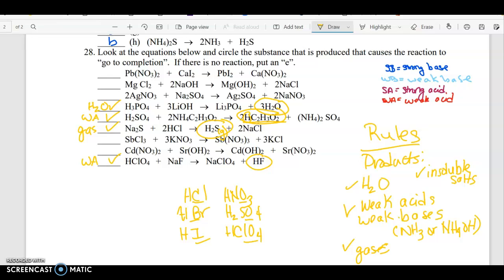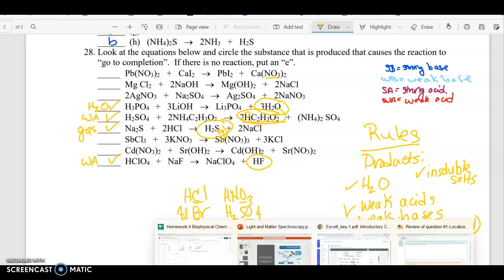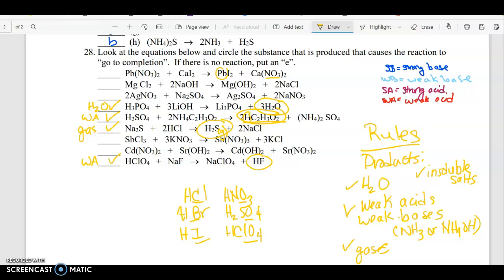So for example, just about all nitrates containing ions or ionic compounds are going to be soluble. But most of the time lead is not soluble. So lead is sort of our classic, probably not. So because of this molecule, I can say this is going to go to completion because this makes a solid. So we have an insoluble salt.